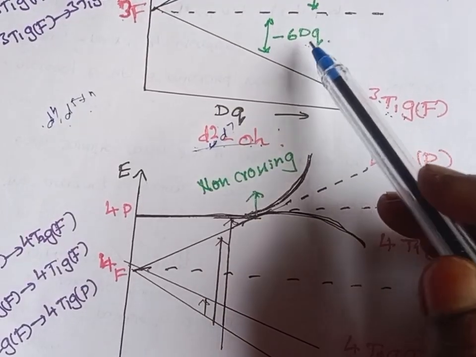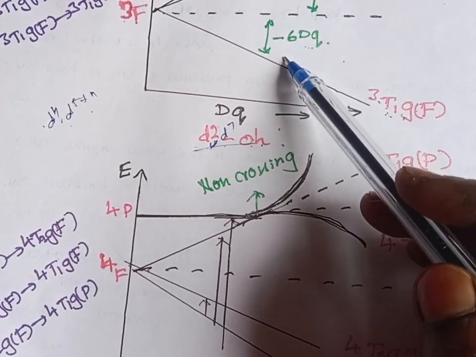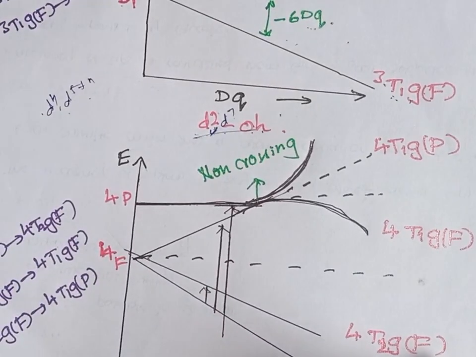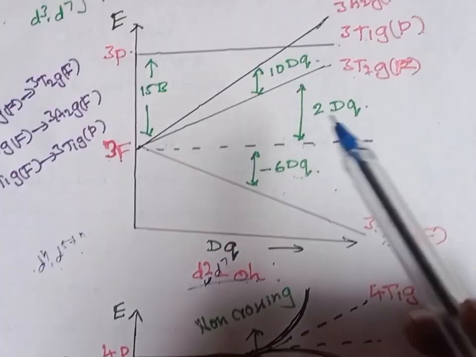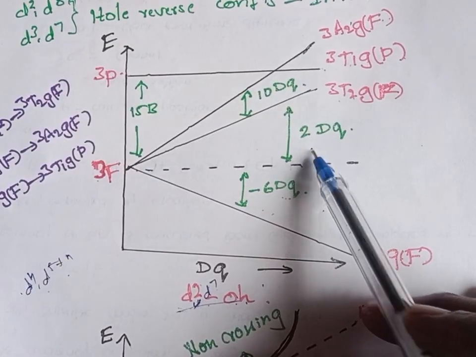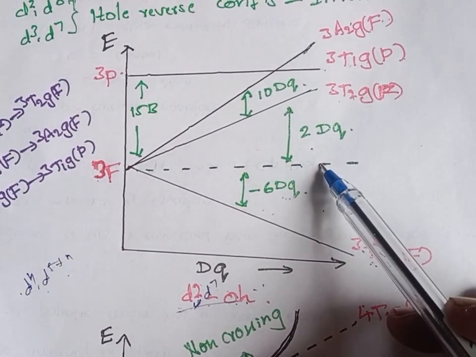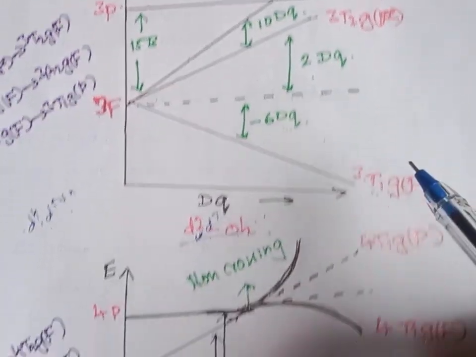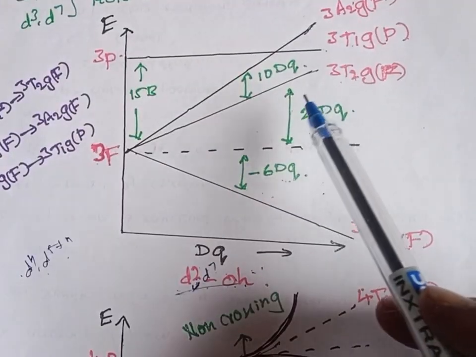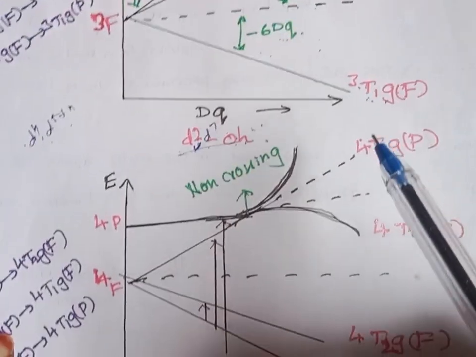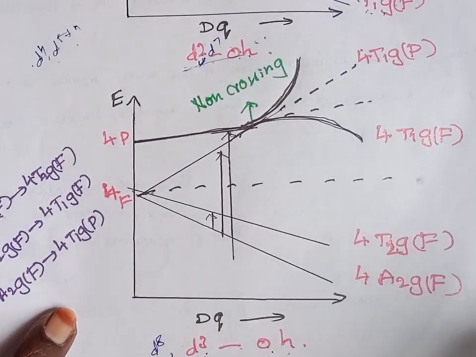So the D2 octahedral reverse diagram will be applicable for D8 octahedral. It is the same for Dn, D5 plus n, and it is reverse for Dn, D10 minus n. So the reverse diagram of D2 octahedral will be the D8 octahedral configuration, right?